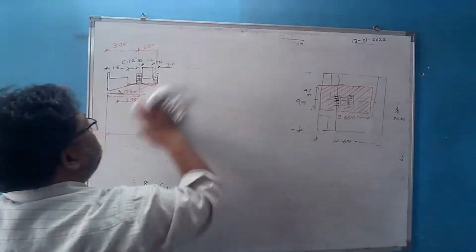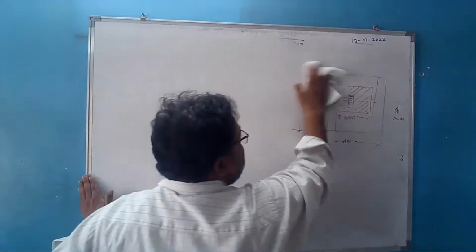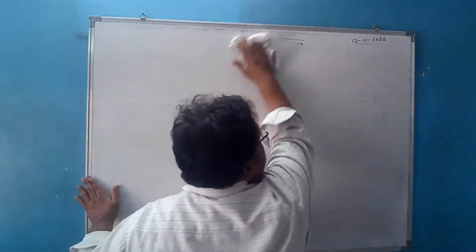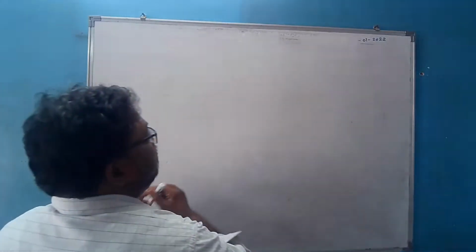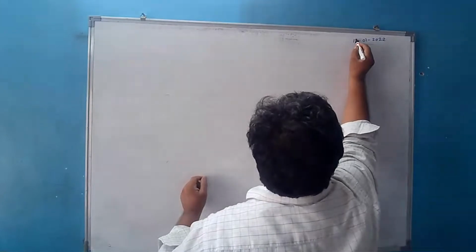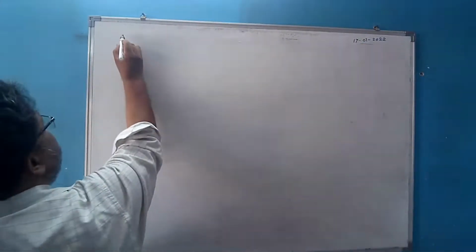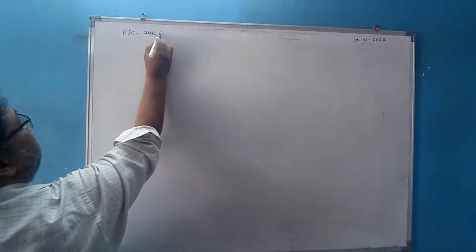What was the question? We will do a fast revision of that and then we will go for the solution. If you remember, the question was to design a pre-stressed concrete deck slab bridge.